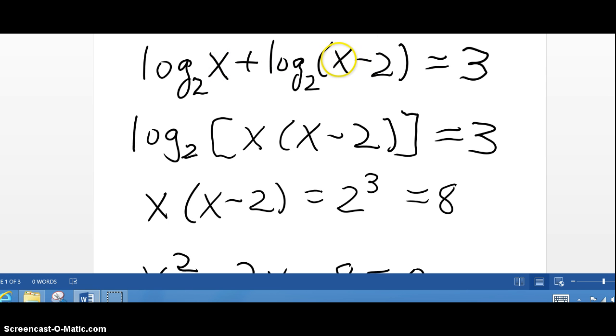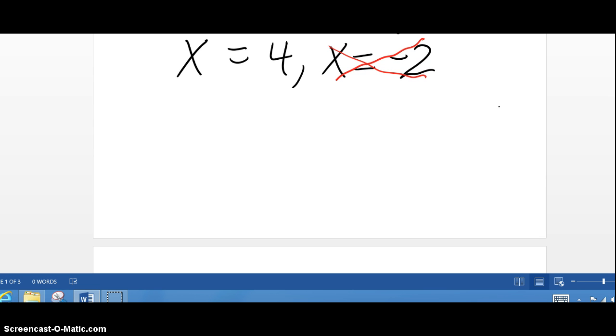You come over here, if x is 4, 4 minus 2 is positive. That's good. But if x is negative 2, the other solution from the quadratic, you cannot take the log of a negative number. The log of negative 2 is mathematical nonsense. So you have to reject this root, negative 2. So here, there is only one answer: x equals 4.